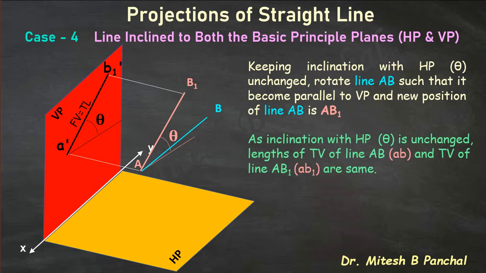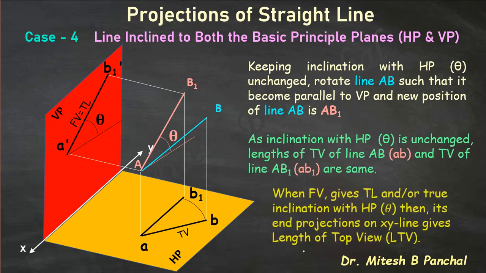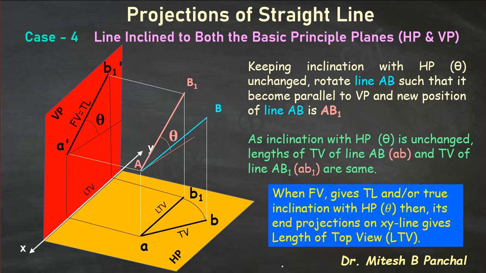Now as inclination with HP, that is theta, is unchanged, the length of top view of the original position of line AB, that is small AB, and the length of the top view after rotation, that is the new position small AB1, are the same, as theta is unchanged. Now we know that in case 3 we have discussed the point that when front view gives true length or true inclination with HP, then its end projections on XY line give the length of top view.